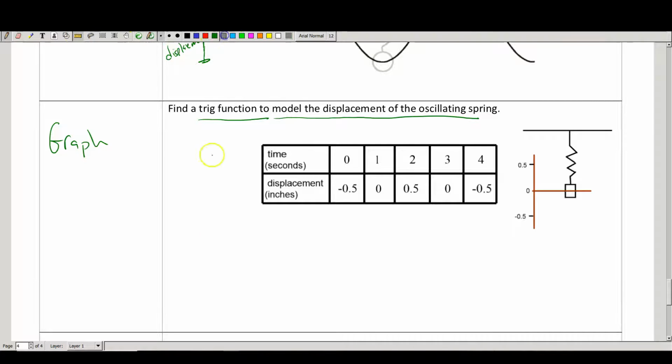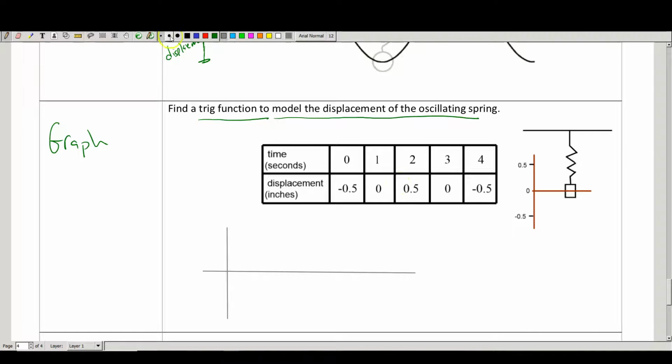So let's first graph it. Let's say we have an x and a y-axis. Looking at the displacement, the maximum displacement looks like 0.5. It goes up to 0.5 and then all the way down to negative 0.5, assuming those are the high-low points.